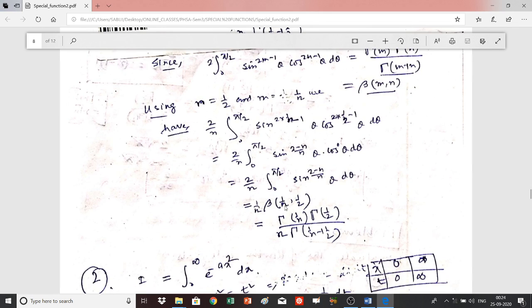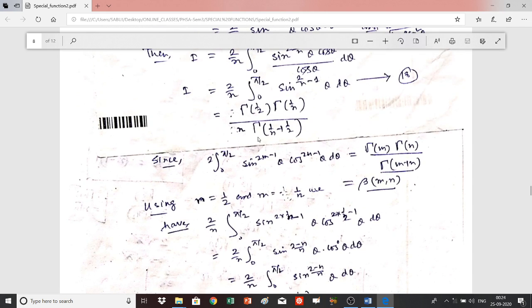And you know that beta m n is equal to gamma m gamma n by gamma m plus n. So just write this: gamma 1 by n, then gamma half, divided by gamma of 1 by n plus half.